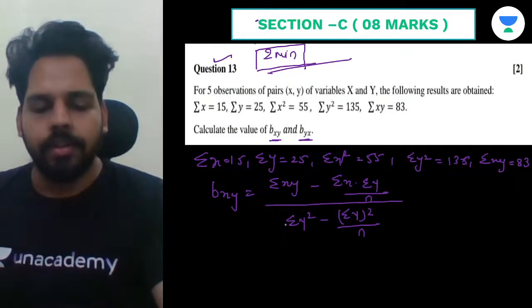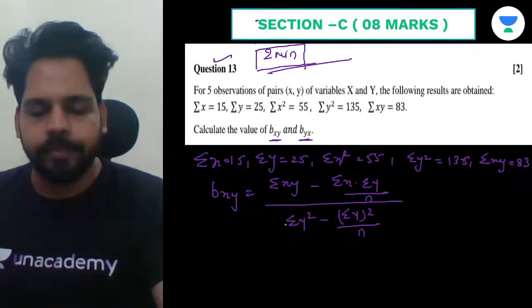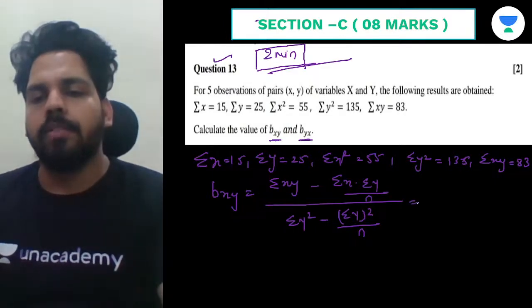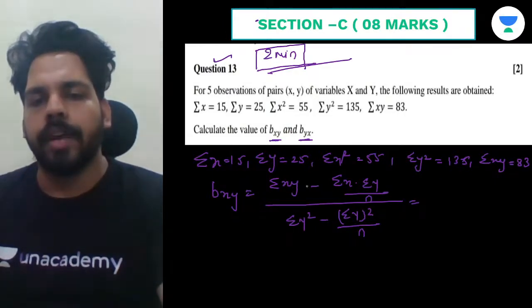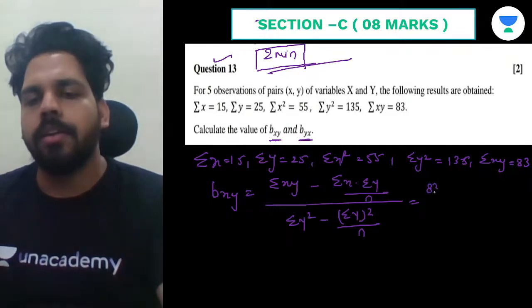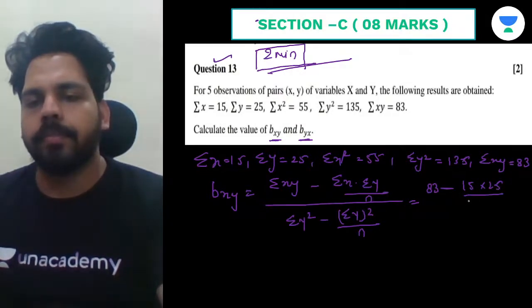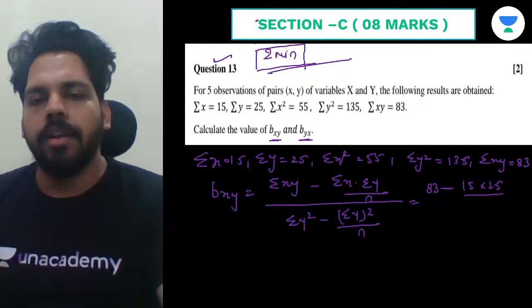All the participants watching this lecture, just try to do it. Now let me help you out. First of all, you have to put the value of summation of xy, which is already given as 83, minus summation of x into summation of y, 15 into 25, whole divided by n. Can we find n over here?